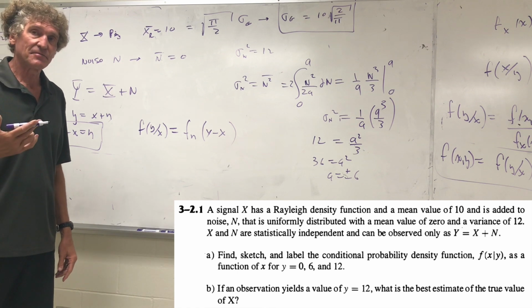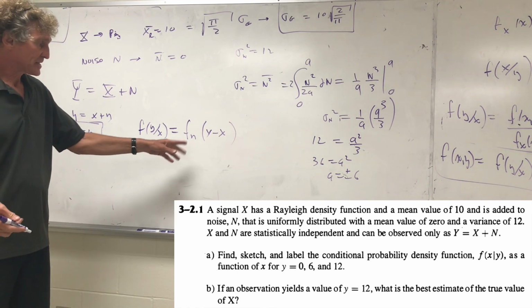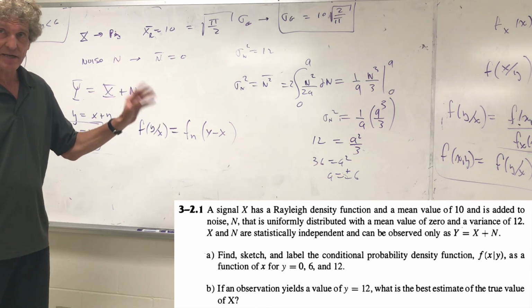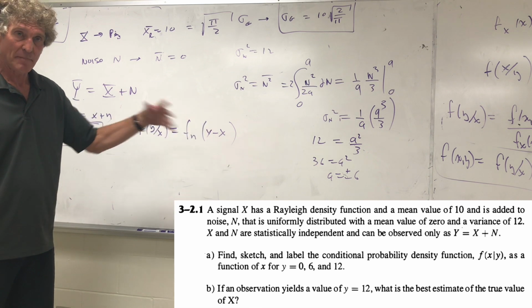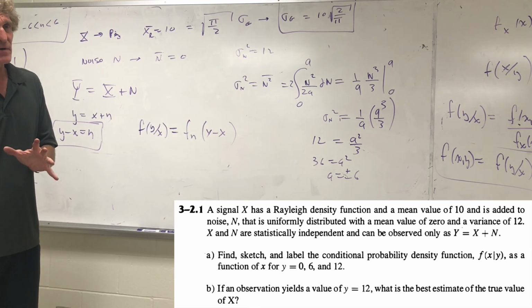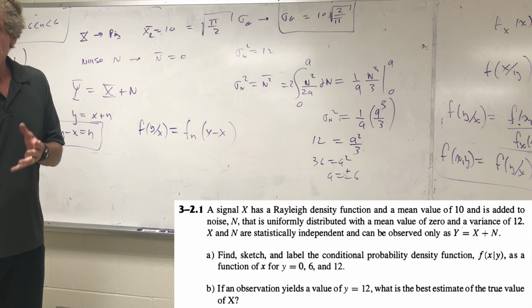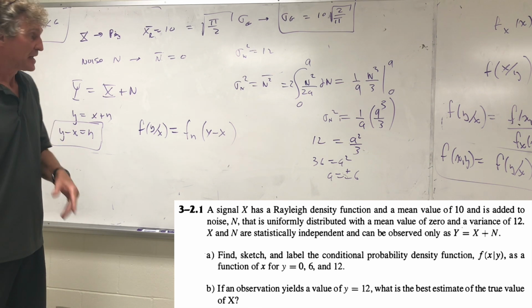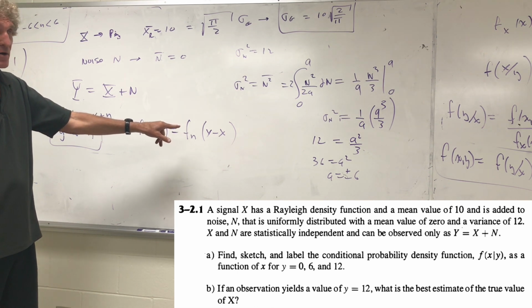We have the density function for the noise, we have the relationships of these things, so I can say the noise itself, if we have that density function, we do, I can just replace the n with y minus x. And I think he does it this way in the book, but I don't remember exactly. The whole idea is to use that information to get f of x, y without actually writing down something that you don't know.